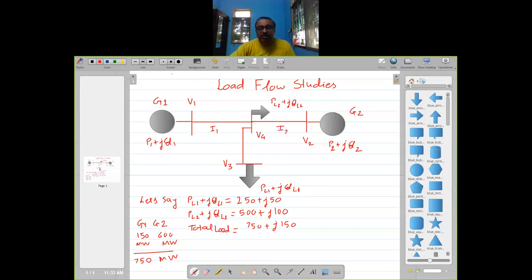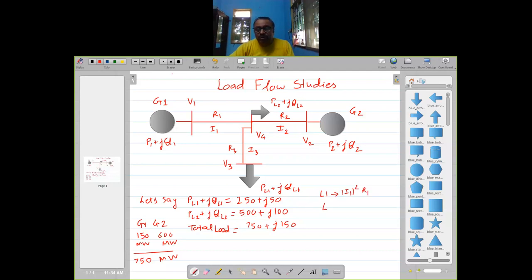I1, I2, I3. These are the currents in these three lines. And R1, R2, R3, these are the resistances in these three lines. Then the total transmission loss that will occur in the line L1 is I1 square R1.